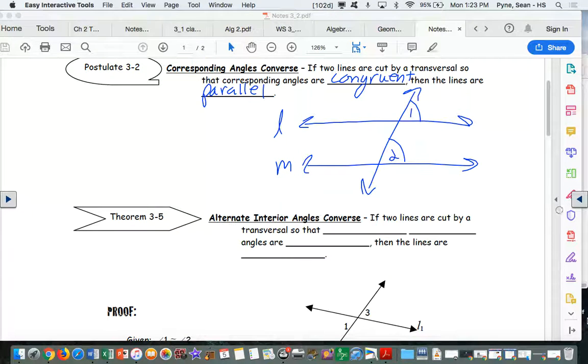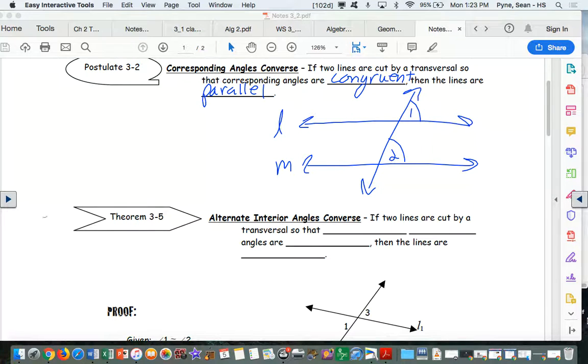So this is what's going to happen in a nutshell. They give us two lines and a transversal, and then they're telling me that angle 1 and angle 2 are the same. They're congruent.